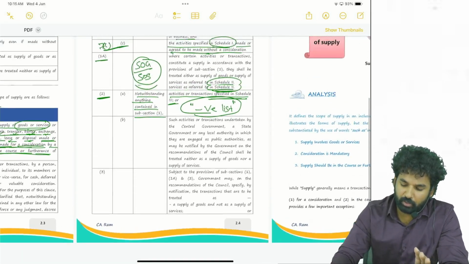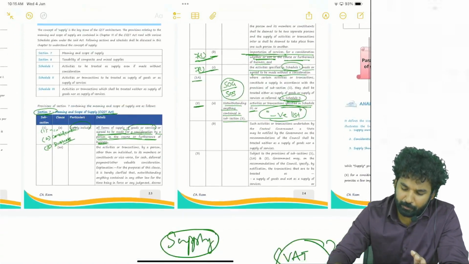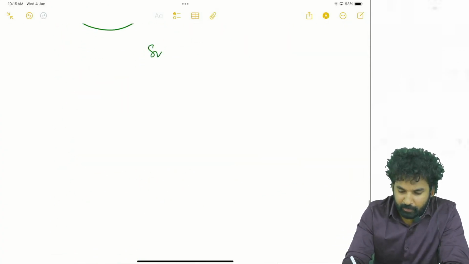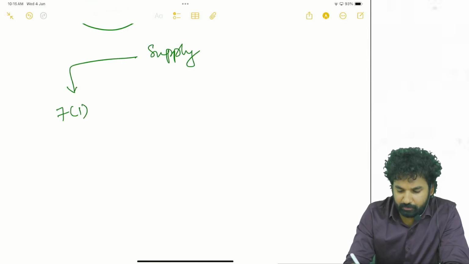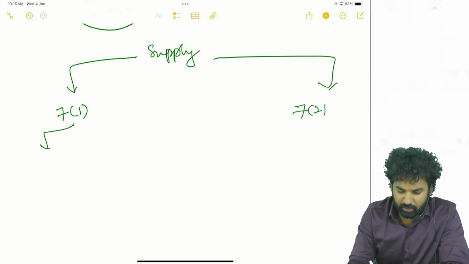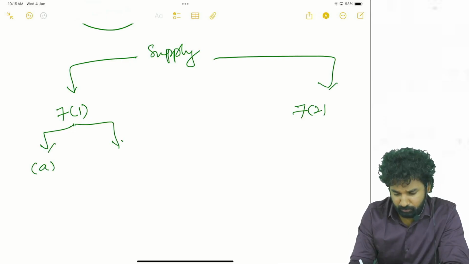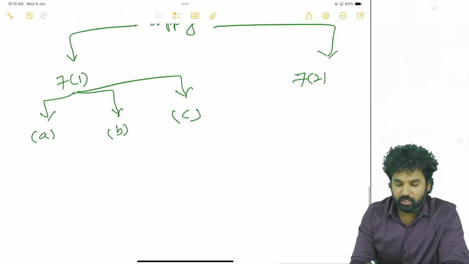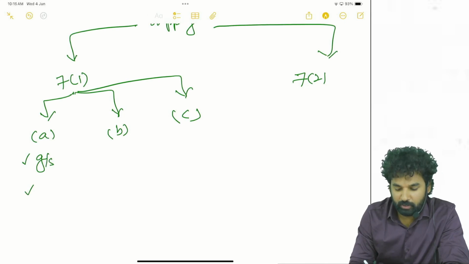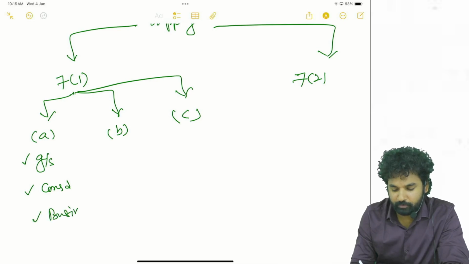See, here we are talking about supply. In section 7 subsection 1, clause A is there, clause B is there, clause C is there. Clause A is telling that goods or services, consideration and business shall be there.